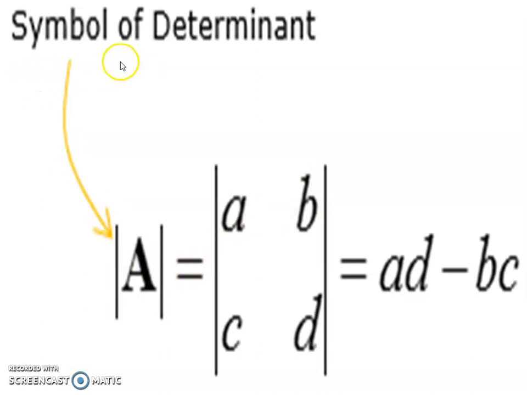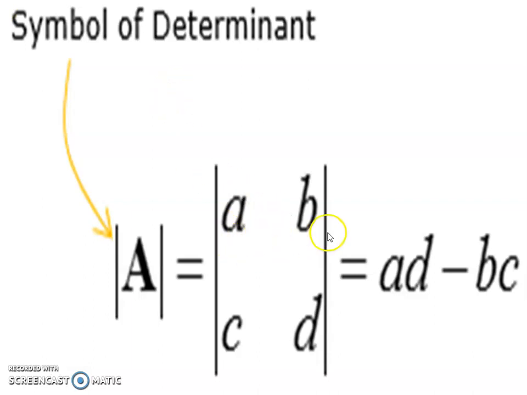If the symbol D is used for the determinant, you can also use the capital letter A. Always remember that the denotation of any topic in mathematics is most probably a capital letter. That's why we can write the general form also. But how to solve the value of the determinant?